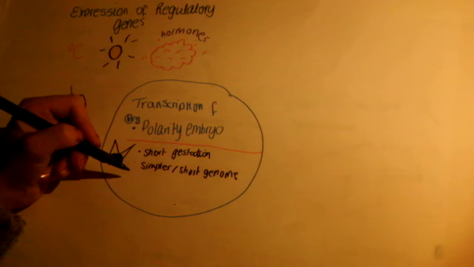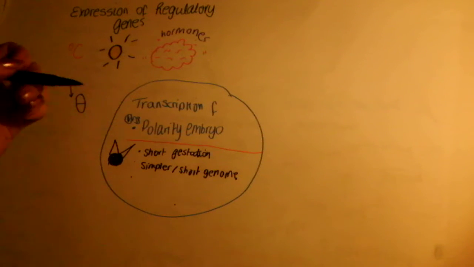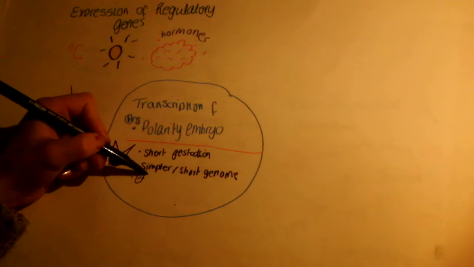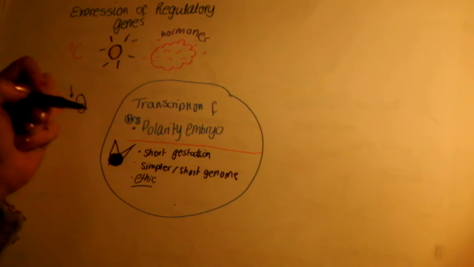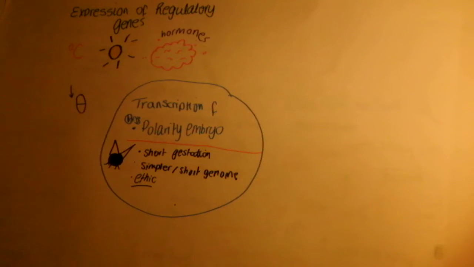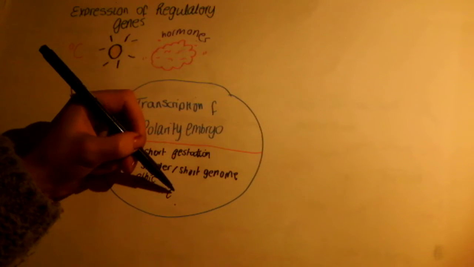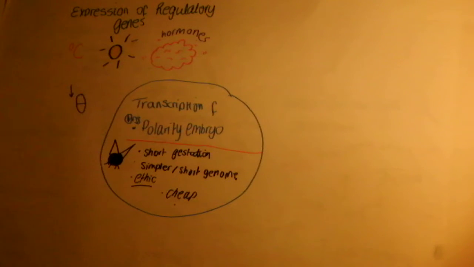You can have a lot of flies in a small space. There are not tight ethical controls on flies. And finally, it's actually quite cheap. Flies aren't expensive to keep in a container and they don't eat much. It's just cheap to manufacture the experiment.